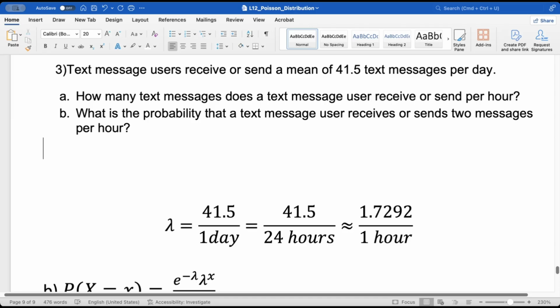How many text messages does the person send or receive per hour? It's 1.7292. So that takes care of part A. Now, part B is what's the probability that they send or receive 2 messages per hour?